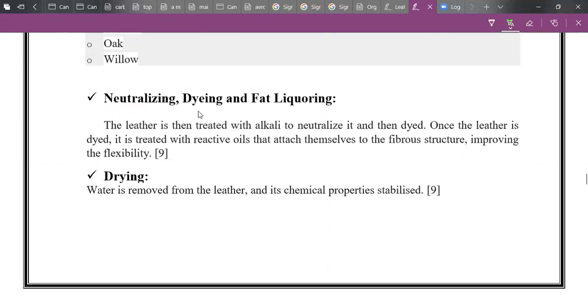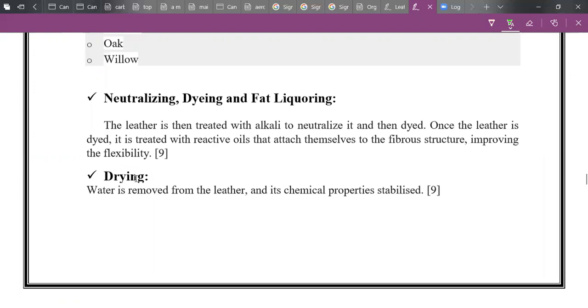So that's why for the neutralization process we add the alkali. Due to the addition of alkali, we can neutralize the pH of skin. After that, we can apply the dye on it. Once the leather is dyed, it is treated with reactive oil that attaches itself to the fibrous structure, improving the flexibility.